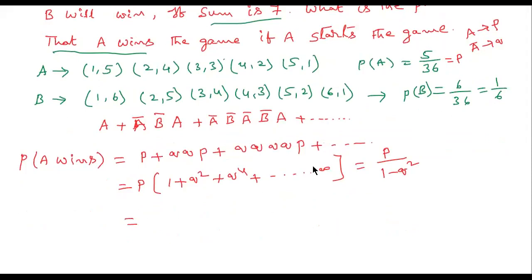P is 5 by 36 divided by 1 minus Q squared, Q means A loss, that is 31 by 36 whole square. Okay. Now 5 by 36 divided by, see the calculation. What do we get?